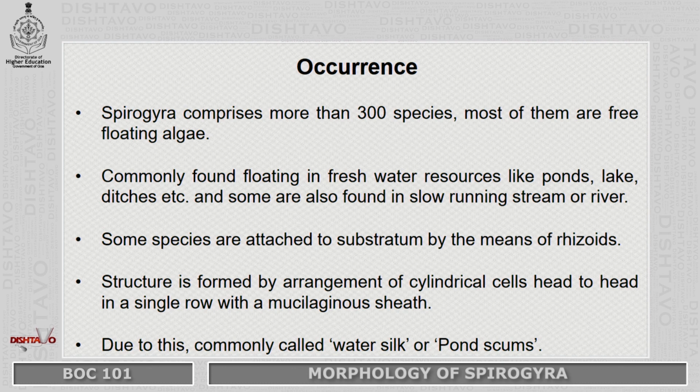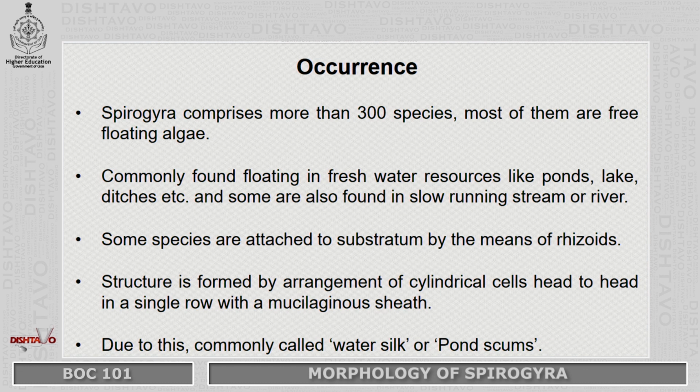The Spirogyra filament comprises about 300 species. Most of them are free floating algae. Commonly they are found floating in fresh water resources like ponds, lakes, ditches, etc., and some are also found in slow running streams or rivers. Some species are attached to the substratum by means of rhizoids.